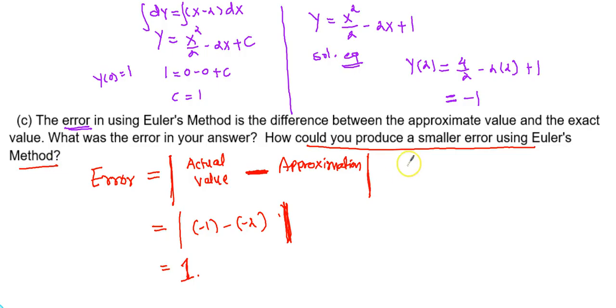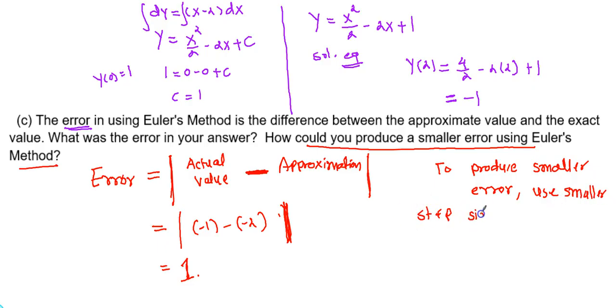To produce a smaller error, use a smaller step size, just like our Riemann sum. Use a smaller step size means delta x is a very small number. You take smaller steps.